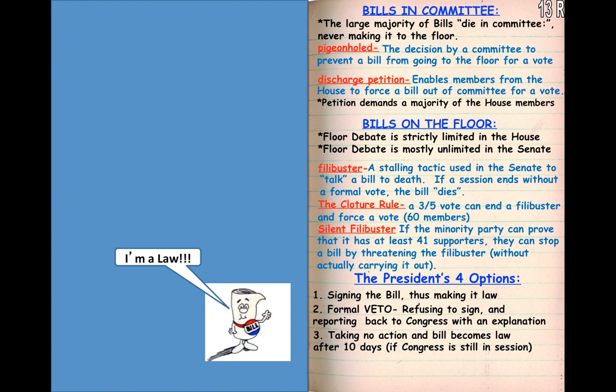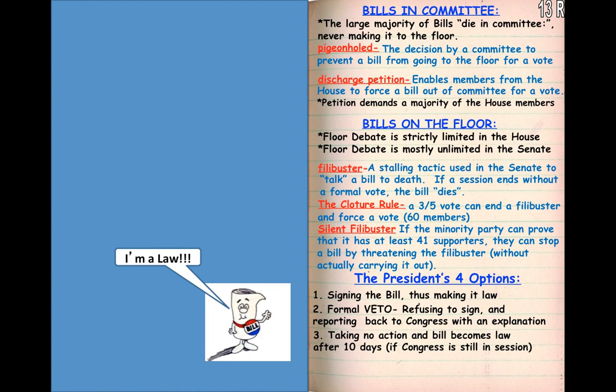After this, taking no action is, so if after 10 days and Congress is still in session, meaning they are still debating, writing laws, passing laws, all the things, they are still actively working. If Donald Trump does not sign it or formally veto it, it becomes a law.